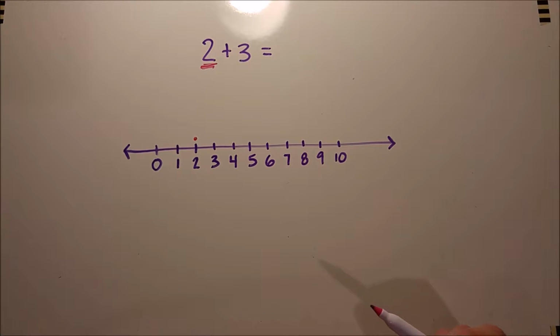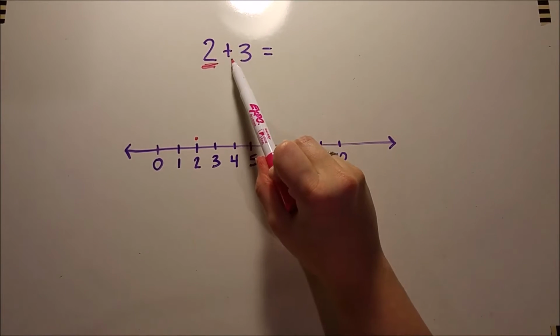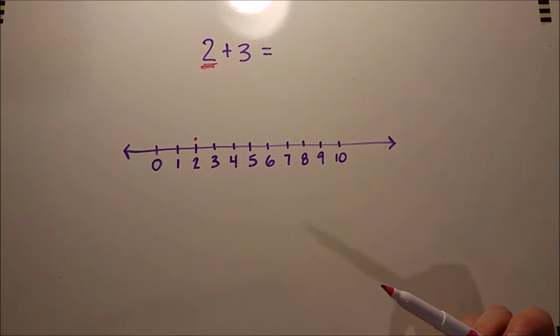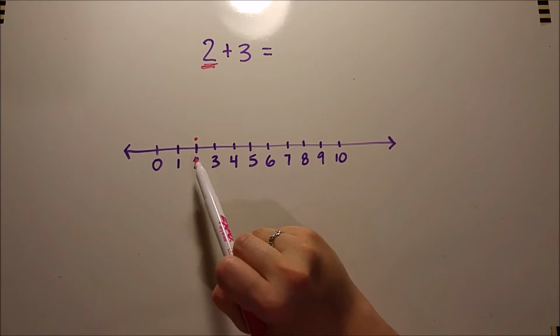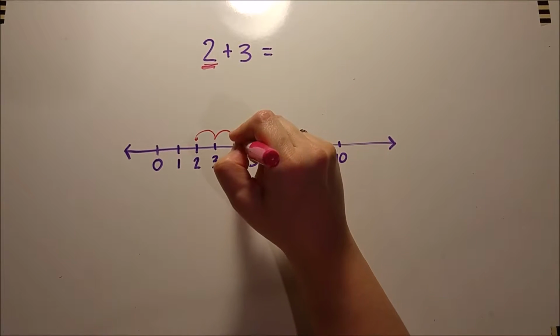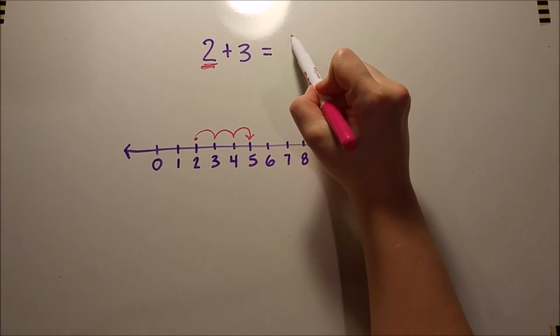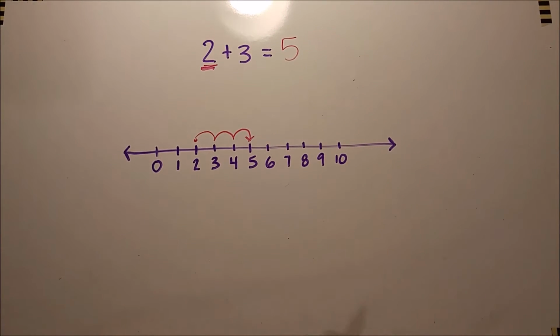But we're adding, so we're going to go to the right. How far? Well, we're doing plus 3. We're adding 3, so that means we're going to take 3 hops on our line here. So 2 plus 3, we'd go plus 1, 2, 3. Where did we end up? 2 plus 3 equals 5.